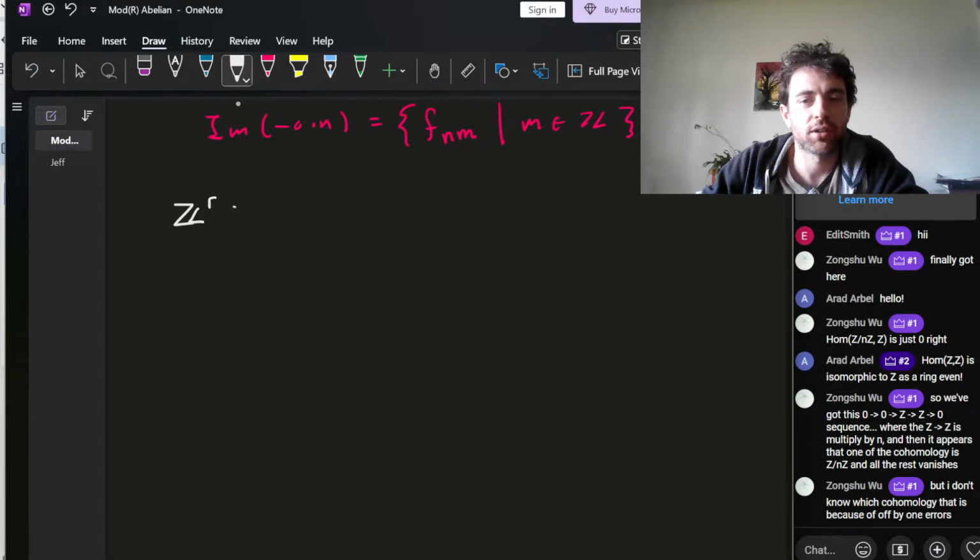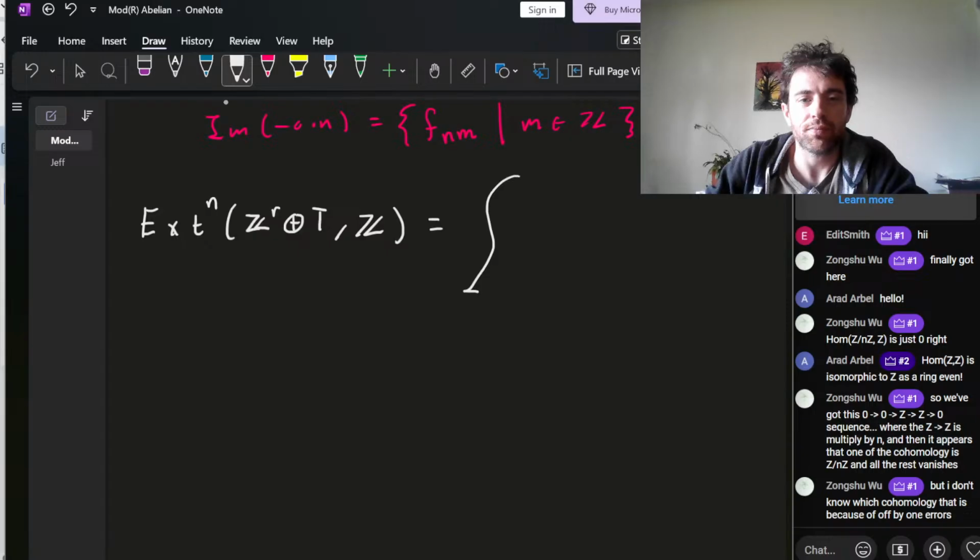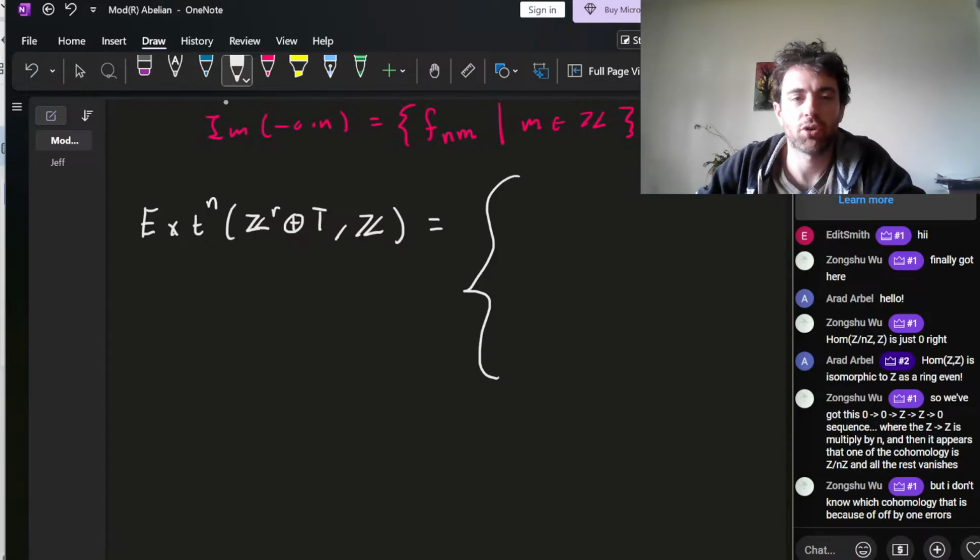We were thinking about a finitely generated abelian group, and we wanted to know what its Ext was into Z. If we combine all of our computations together, for an arbitrary finitely generated abelian group, its Ext into Z is given by the following.